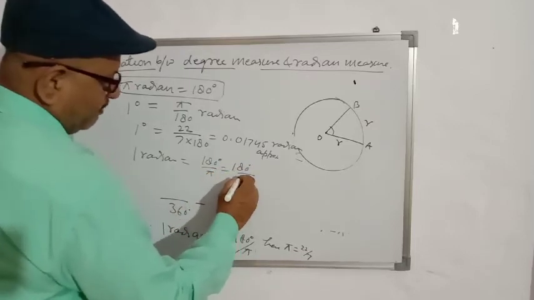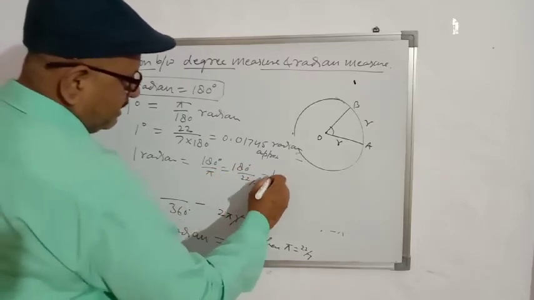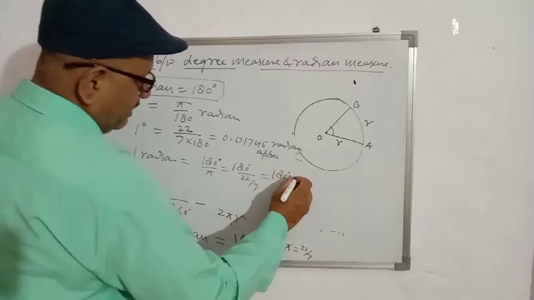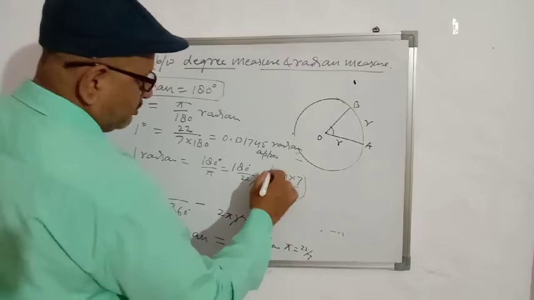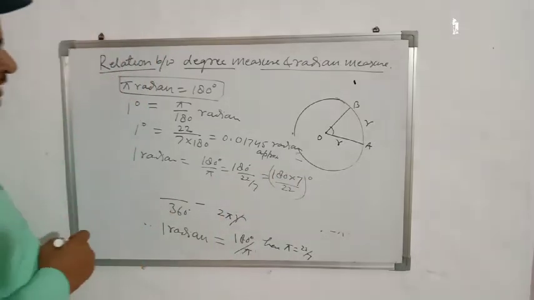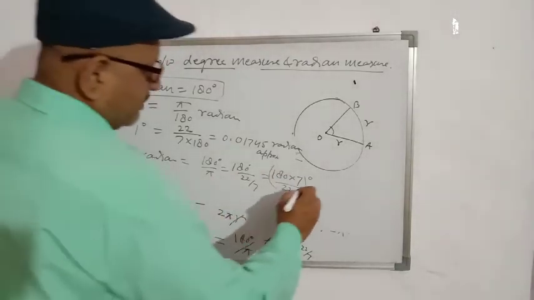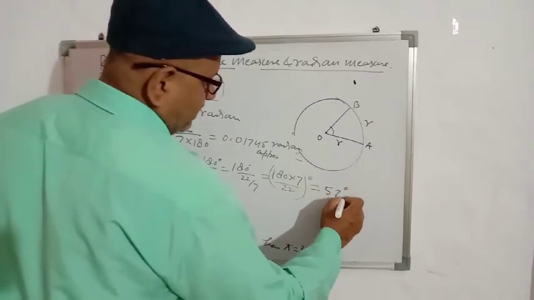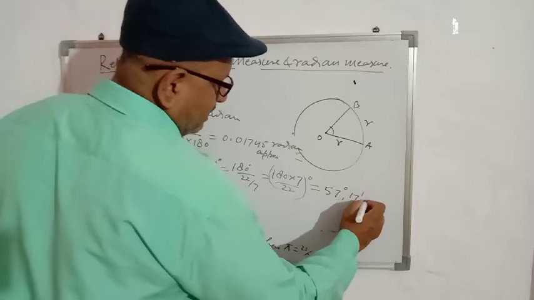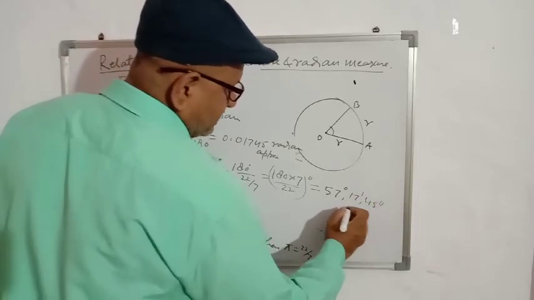So put the value of pi 22/7, 180 into 7 upon 22, it is coming approximately 57 degree, 17 minute, 45 second.